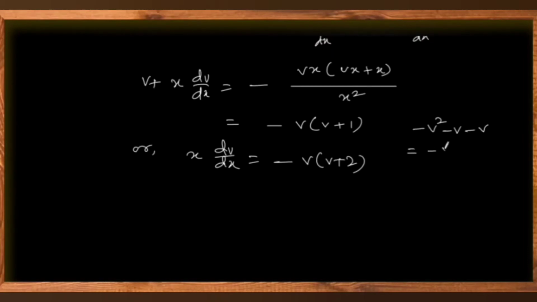So we have negative v square, negative 2v. We take negative v common, so we get v plus 2.